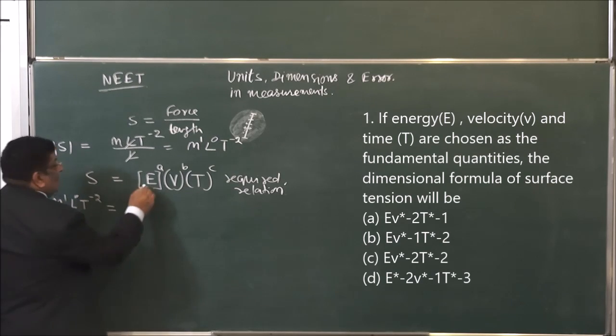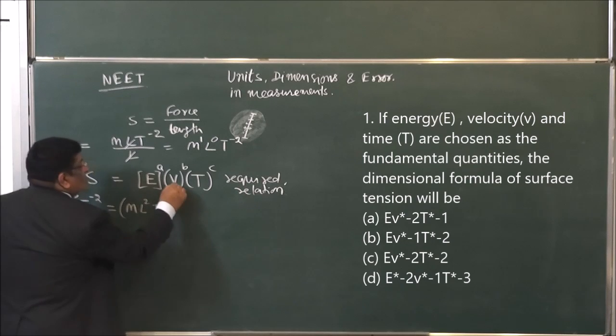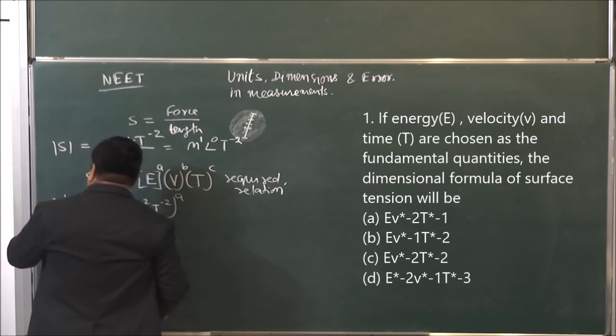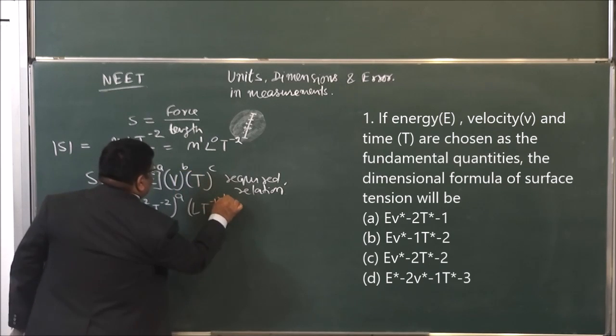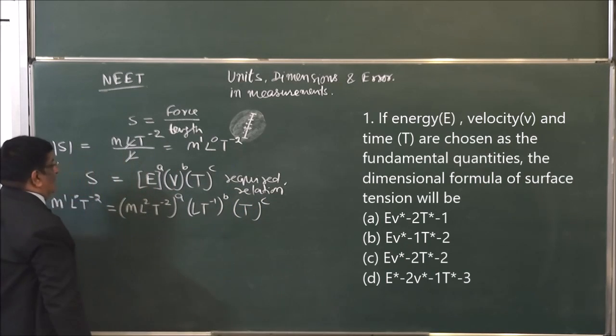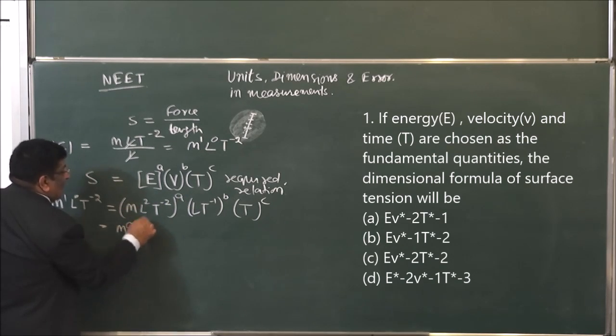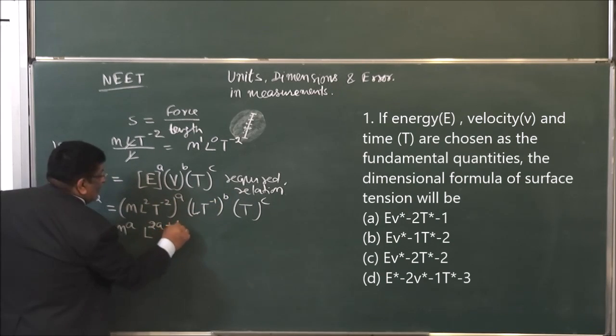This is equal to energy, M L2 T minus 2, to the power A, velocity, L T minus 1, to the power B, and time, T, to the power C. Simplifying this, M to the power A, L to the power 2A here, L to the power B here and no L here.